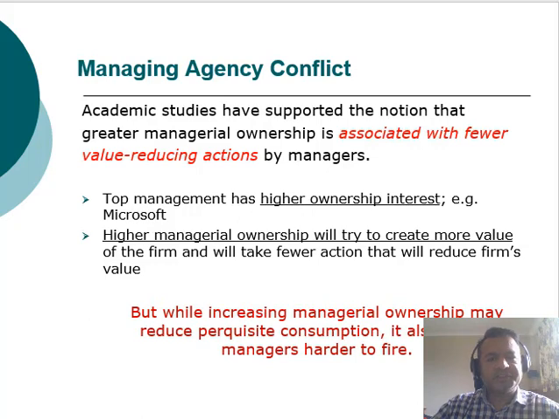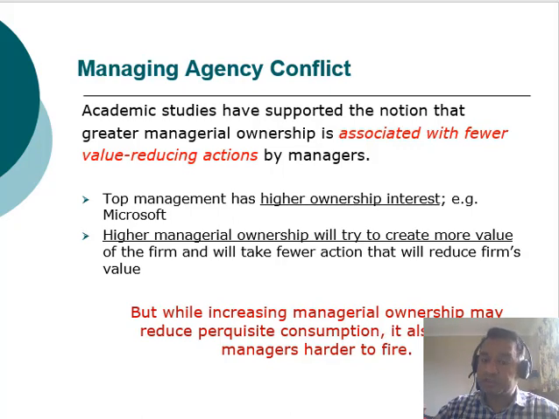This slide will talk about managing agency conflict. Academic studies have found that greater managerial ownership is associated with fewer value-reducing actions by the managers. So if the manager has greater ownership of the company, they will take fewer actions which will reduce the value of the company because they have their own interest in the company.